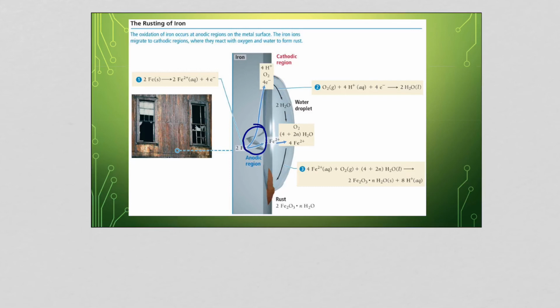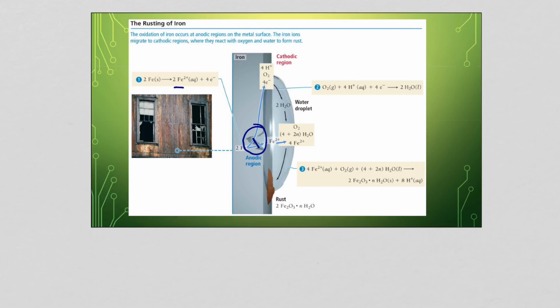So even if we had some sort of surface protection here, like a paint, we have an exposed place in the iron, we can get the oxidation of the iron here.